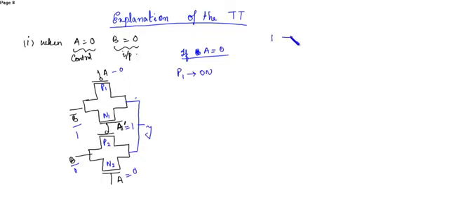Since we know if input is 1, then NMOS will turn on and PMOS will turn off. And when it's 0, then PMOS will turn on and NMOS will turn off.